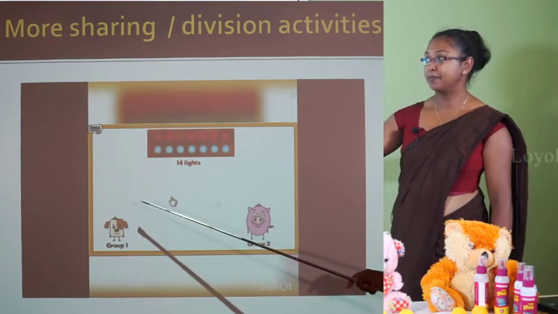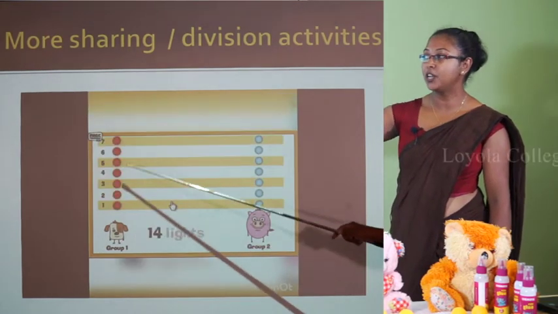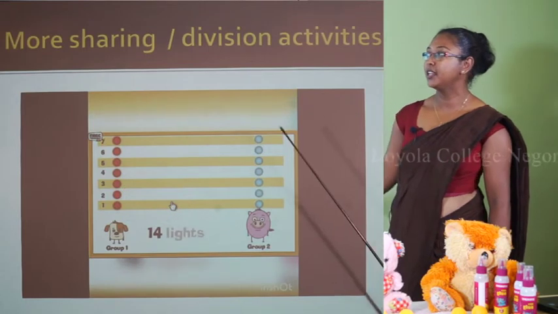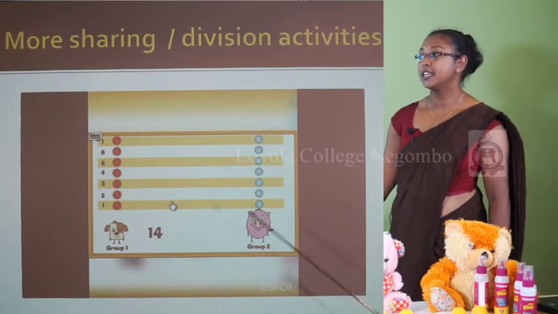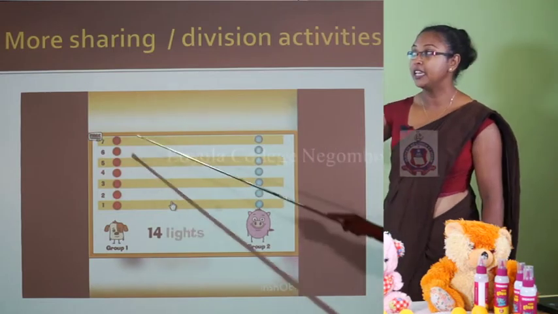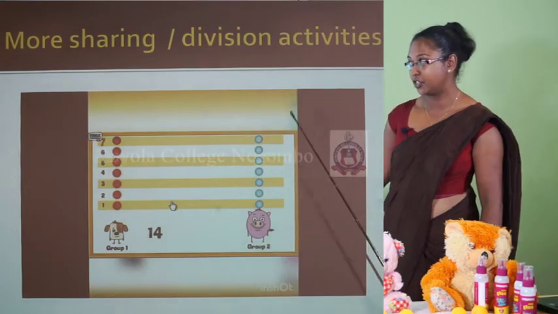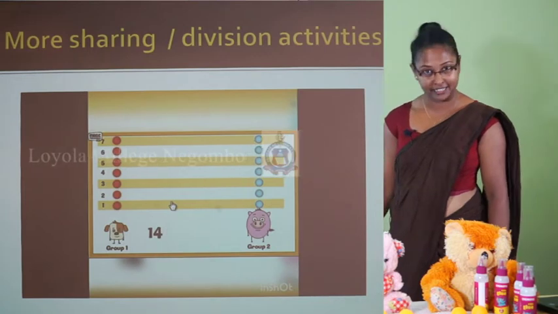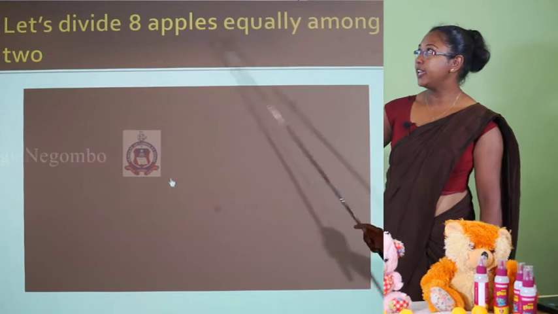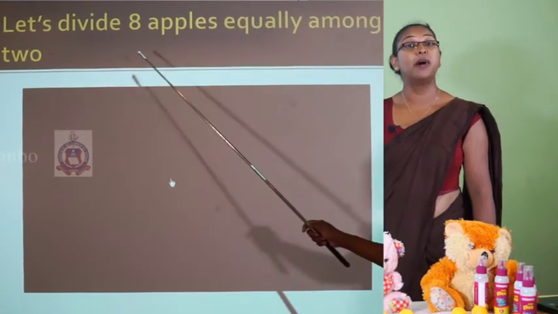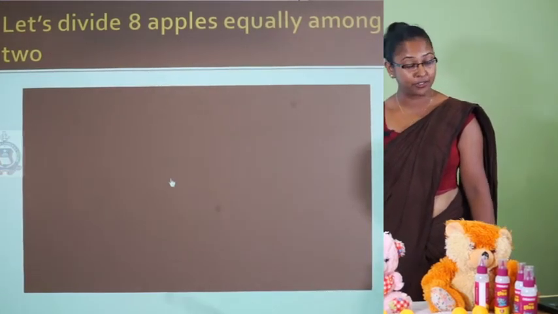Now let's see how they are distributed equally. He got 7, he got 7. So 14 lights divided by 2 is 7. Each one got 7 lights. Okay? And now let's divide 8 apples equally among 2. Let's see how to do that.